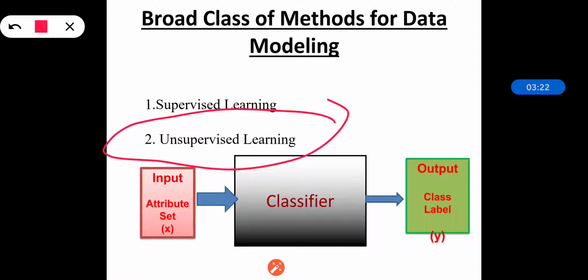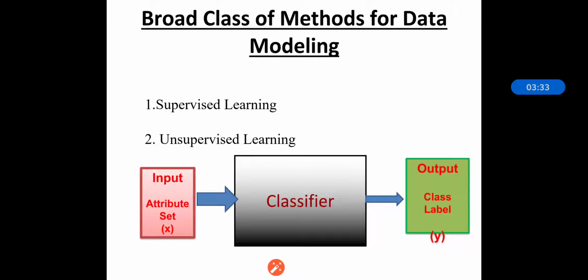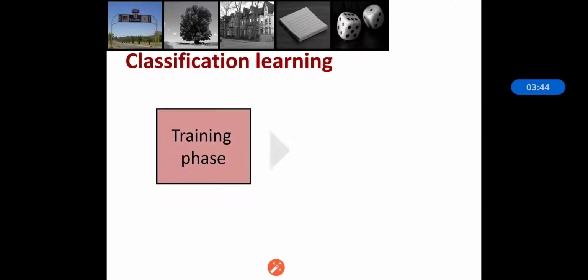That means we are grouping the data according to whatever features we are trying to find, or we are finding similarity, and according to that the clustering is done. So these are the broad class methods for data modeling, where in both conditions the input is given to the classifier and the output is generated.